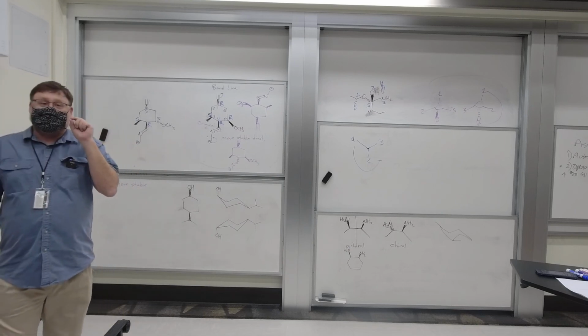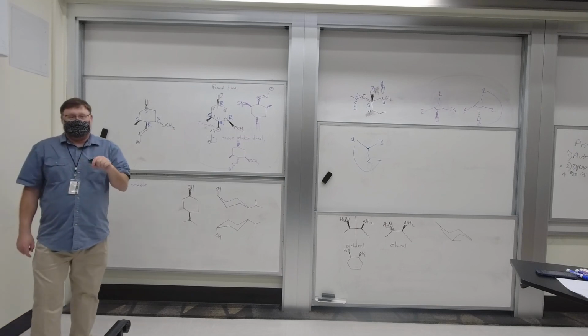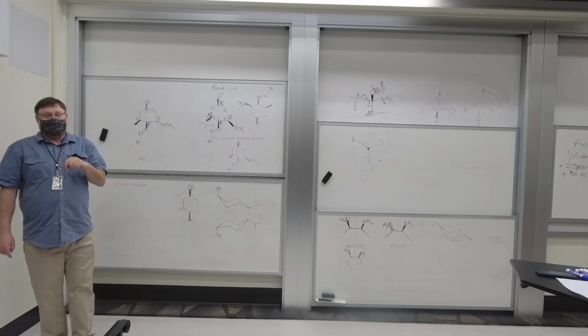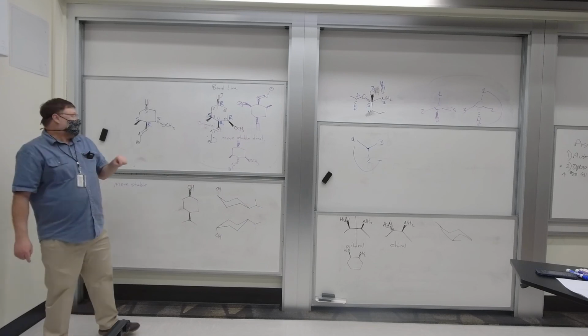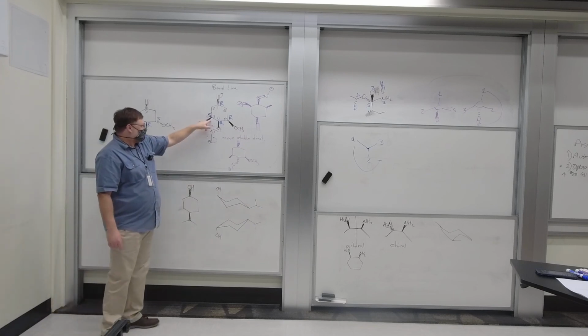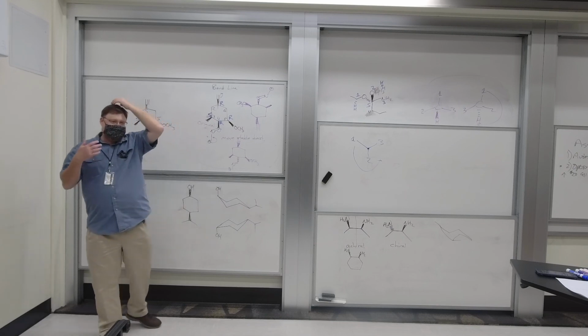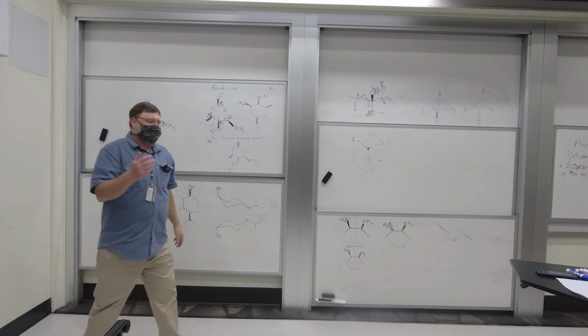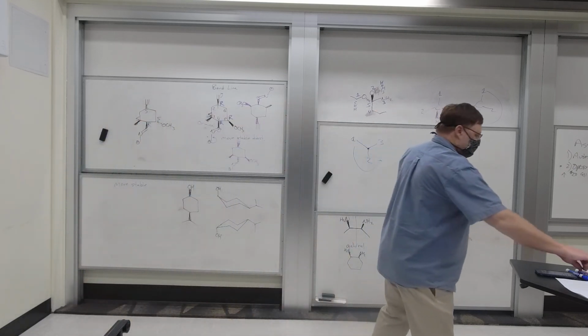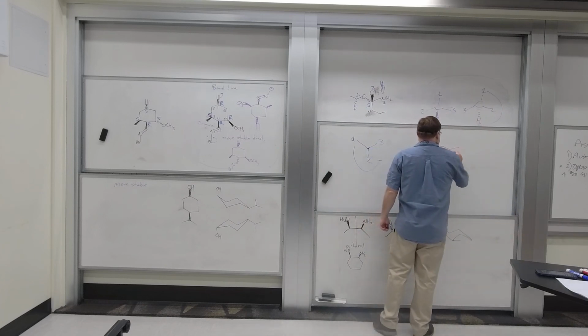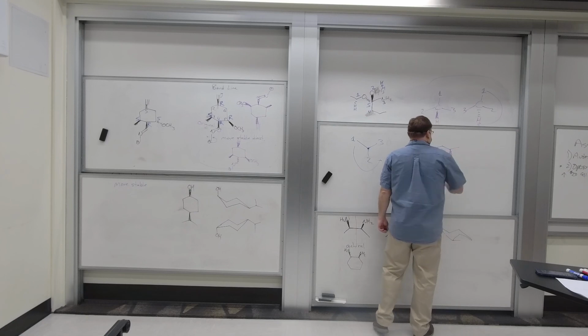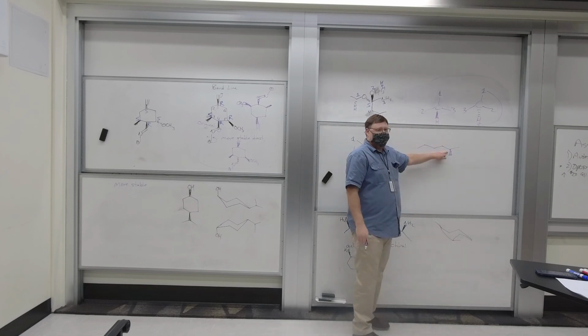If there are 3 things bonded to it, it probably is chiral. There's a really good chance it's chiral, and you should look at it. So this carbon, there's a wedge there. Wedges and dashes tend to suck people in. A real common mistake might be a molecule that looks like this, and everybody's like, oh, that's a chiral center. It's got a wedge. But that carbon has 2 methyls on it, so it's not.